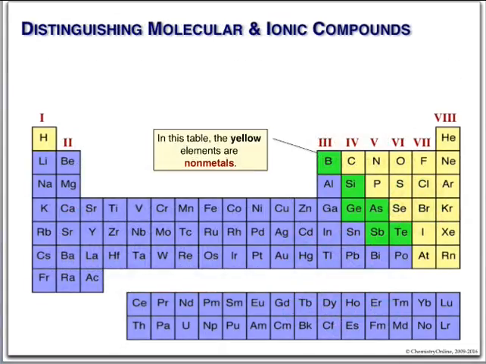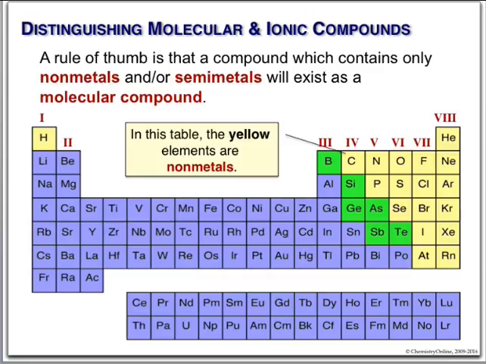Well, it turns out that that's very, very simple. Remember when we talked about the periodic table, and I said about how colorful it was? Well, it's colorful because we classify things as metals, nonmetals, and semimetals.